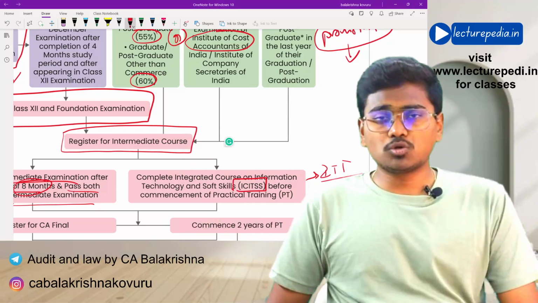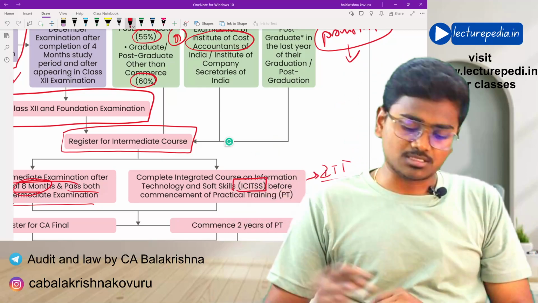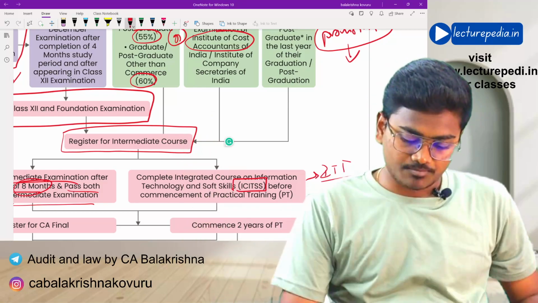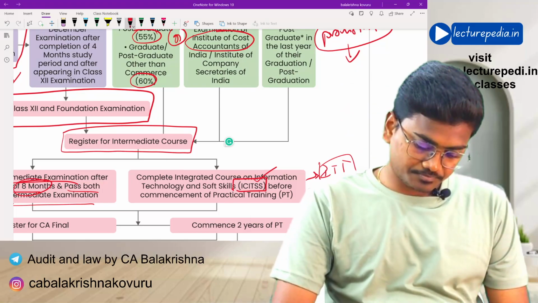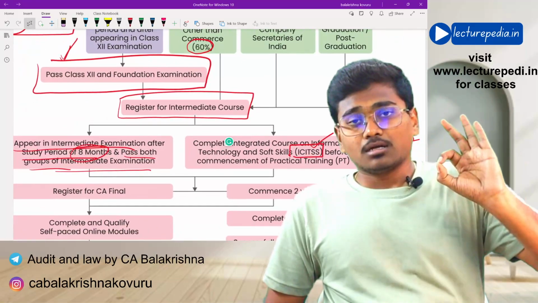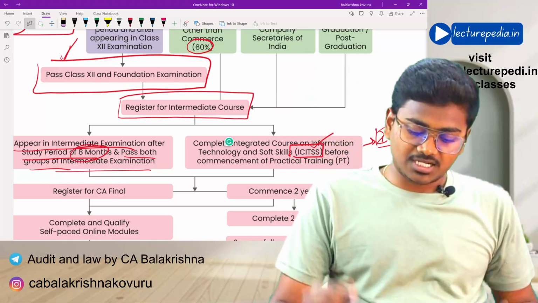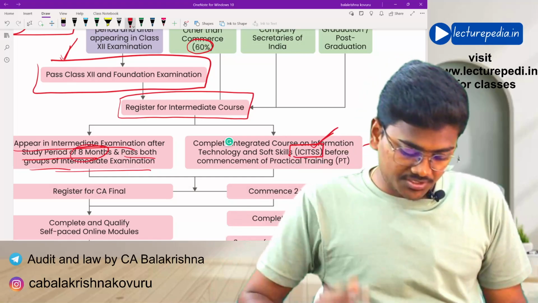In the present course, you need to complete two trainings, right? One is ITT and another one is MCS. But in the new course, there is no requirement related to MCS. You need to complete this ICITSS. After clearing both the groups of CA intermediate and after completing this training, you can join for articleship.